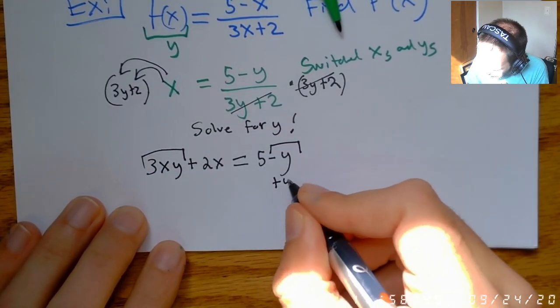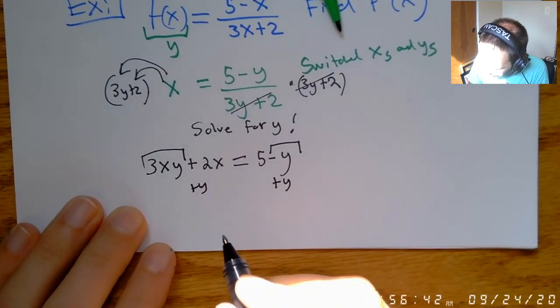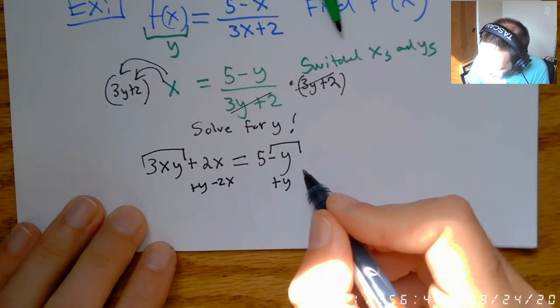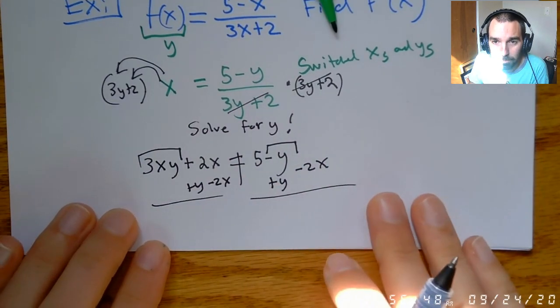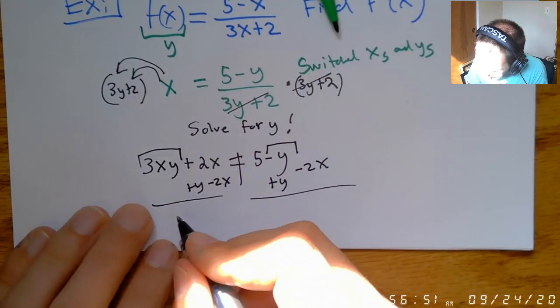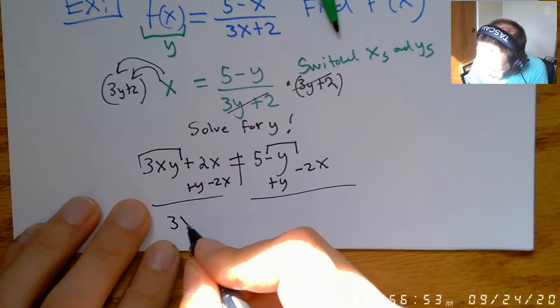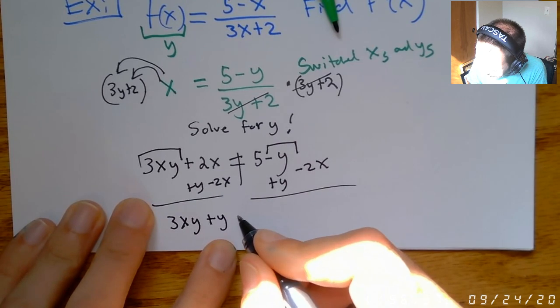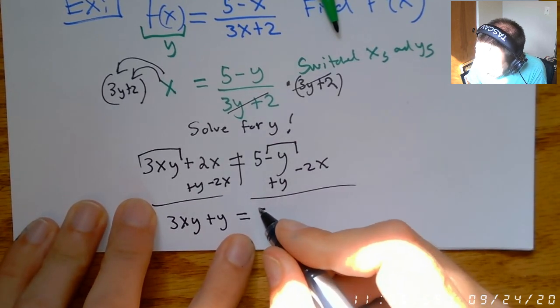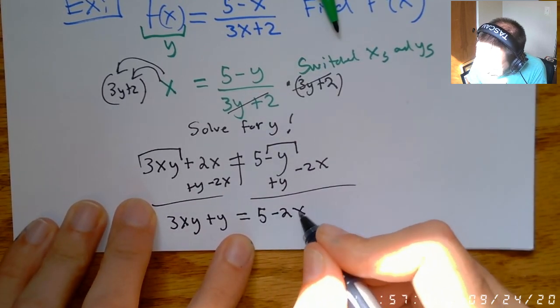So I'm going to add y to both sides, and then subtract 2x from both sides. Look at me doing 2 steps at once. So what do I end up with? This stays, so I get 3xy plus y equals 5 minus 2x.